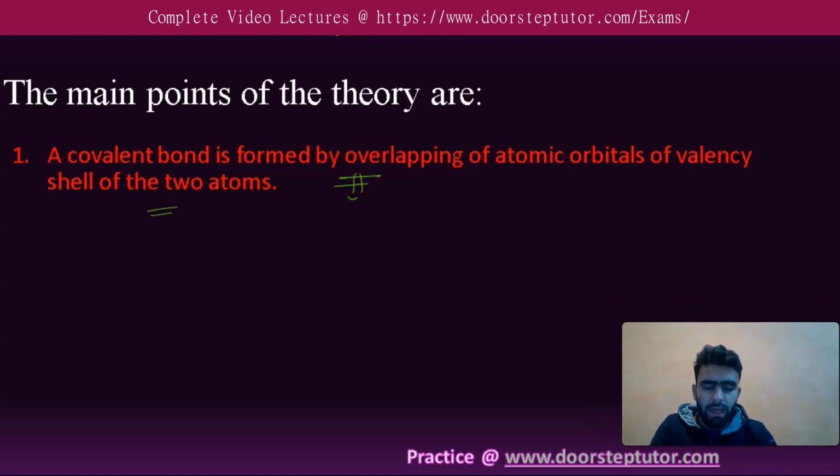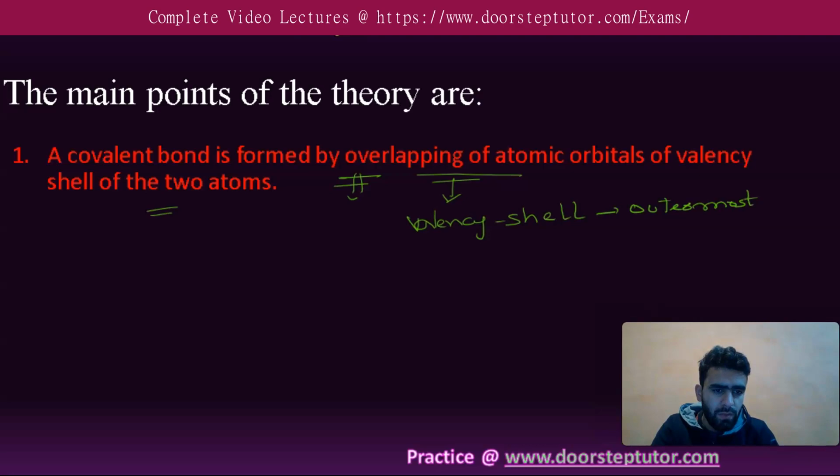The first main point is that overlapping happens between atomic orbitals, and these atomic orbitals should be of the valence shell, or we can say the outermost orbitals. The outermost orbitals overlap in order to form the covalent bond.